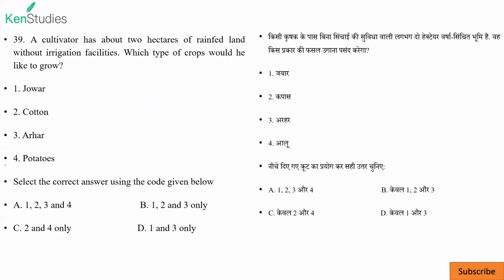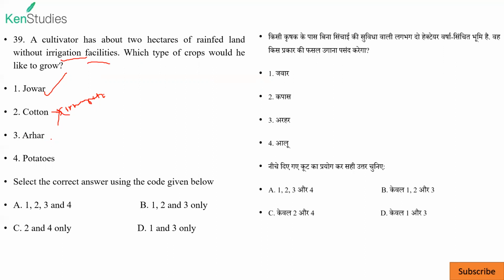Next: a cultivator has about 2 hectares of rain-fed land without irrigation facility. Which type of crops would he like to grow? It should require less irrigation, in the sense that there is no irrigation at all. So jowar can be grown. Cotton, but cotton requires irrigation, so it is not possible.